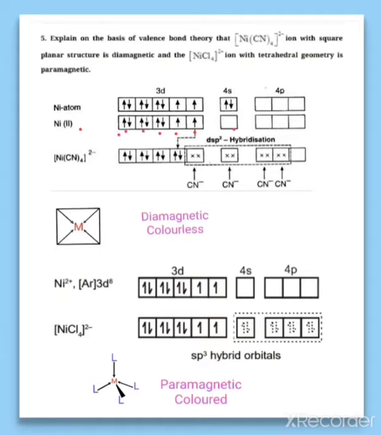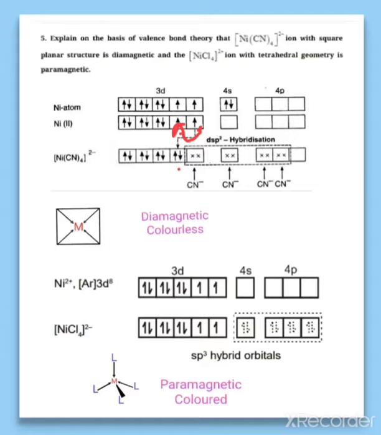Now the 4s is empty and 4p is already empty here. If there is a strong field ligand, like CN is a strong field ligand, at that time pairing will begin. The strong field ligands make the electrons pair. So here you can see the 2 electrons in the 3d will get paired.